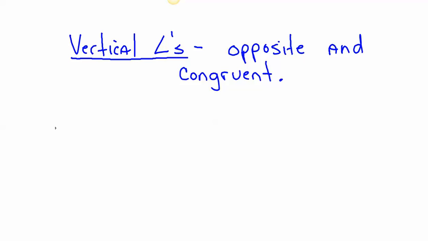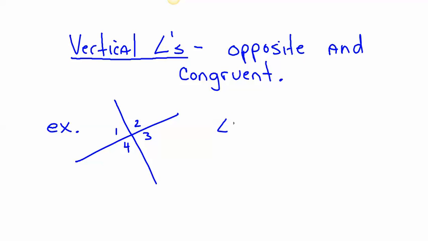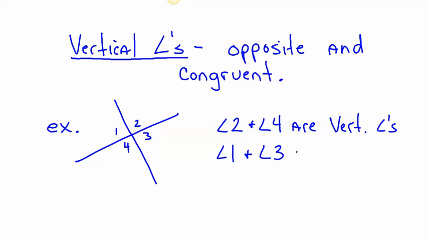An example of vertical angles: angle 2 and angle 4 are vertical angles. Angle 1 and angle 3 are vertical angles.